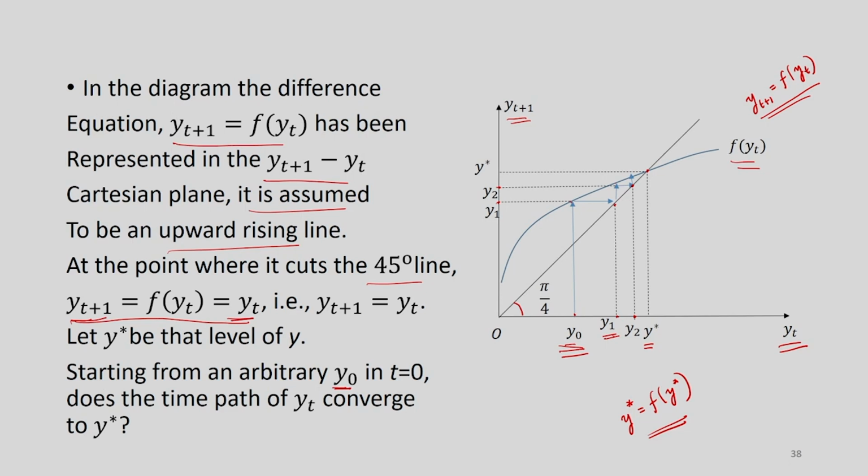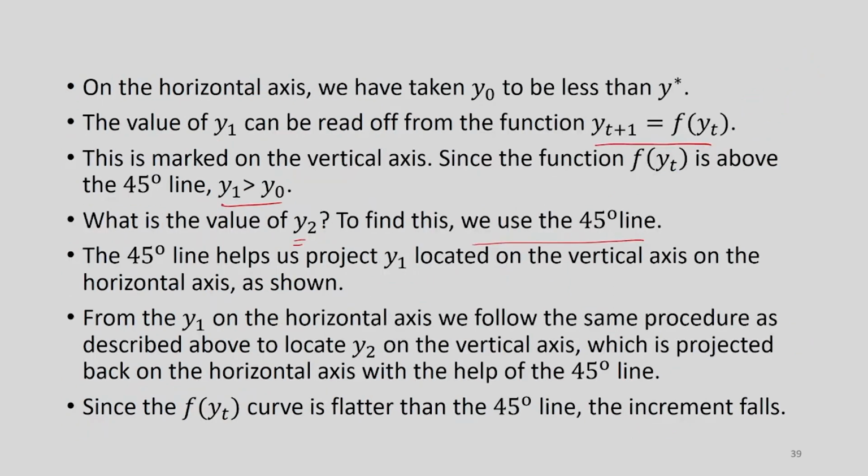Now, if it is flatter, then it basically means that subsequently the gaps between the y's will go on declining. What I mean by that is that the gap between y2 minus y1 is less than this gap, which is y1 minus y0. You can see that with your naked eyes in the diagram, but that is coming because the f function is a flat function.